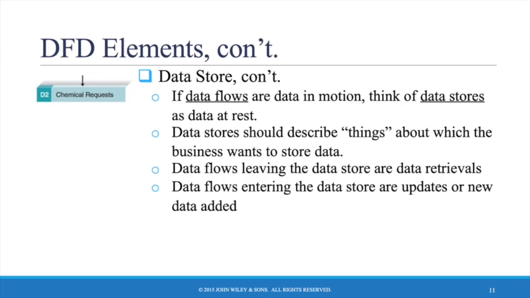If we see data flow as data in motion, think of data stores as data at rest. Just like I mentioned before, it is the thing that information is collected about. Data flows that leave the data store are data retrievals, while those that go into it can simply be updates or new data added.